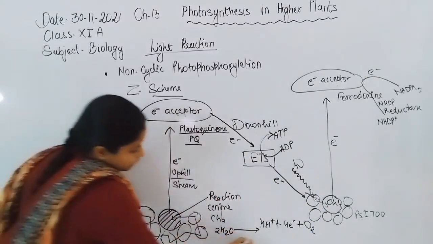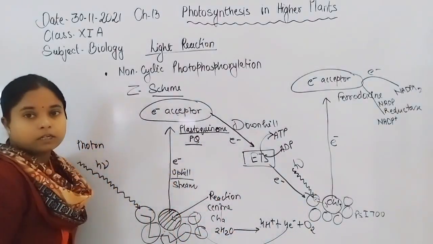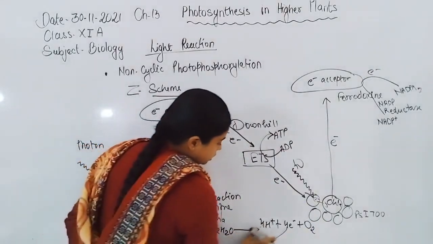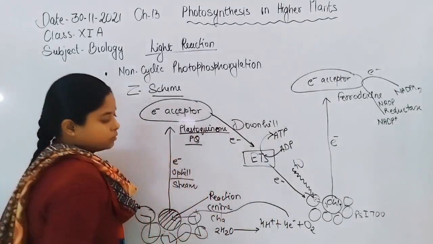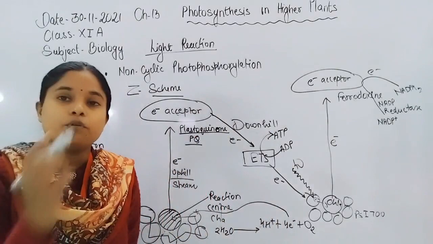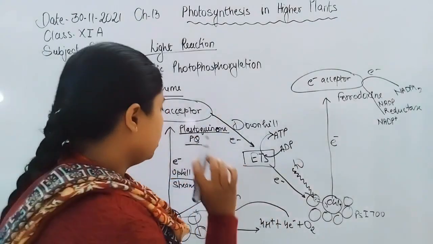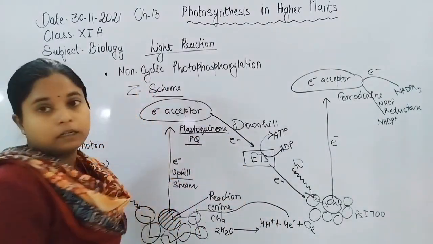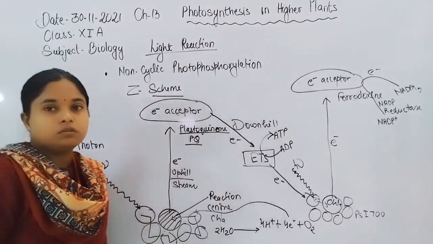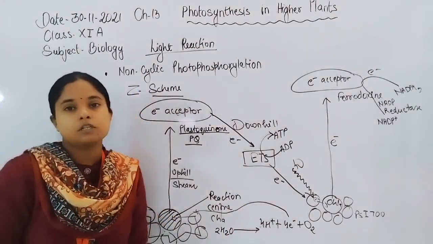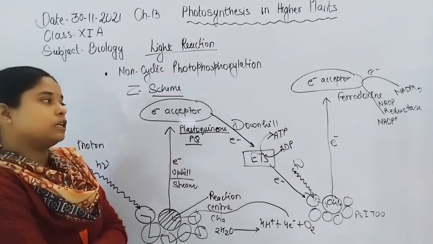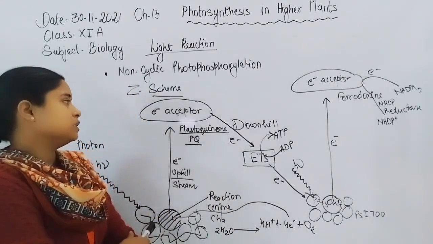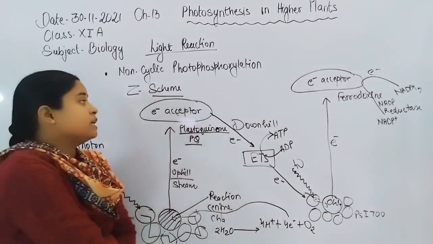These electrons are used in the electron transport system, and water and oxygen are evolved from the non-cyclic photophosphorylation. So this is the overall reaction, where the reaction takes place in a zigzag manner. That's why the process is known as the Z-scheme.